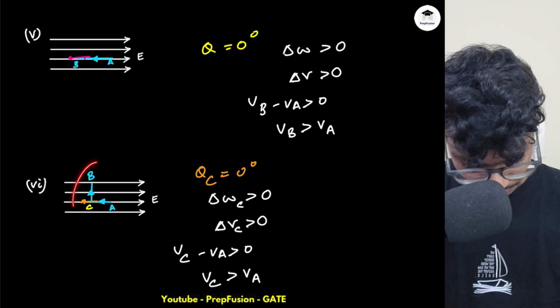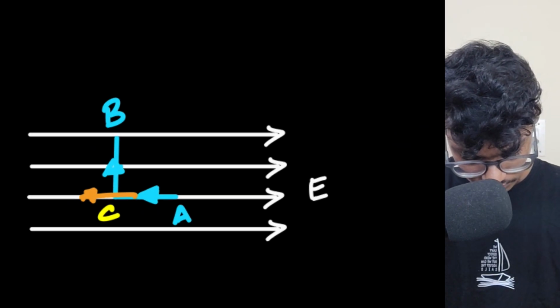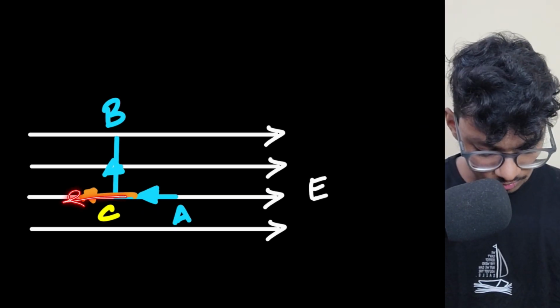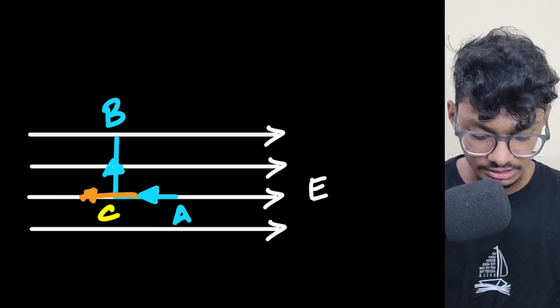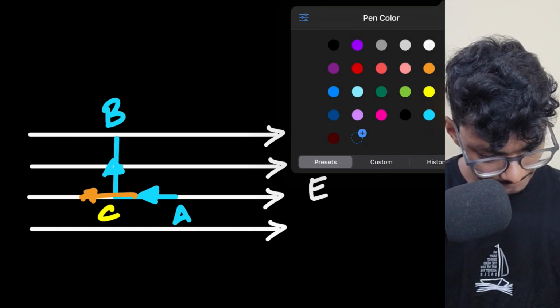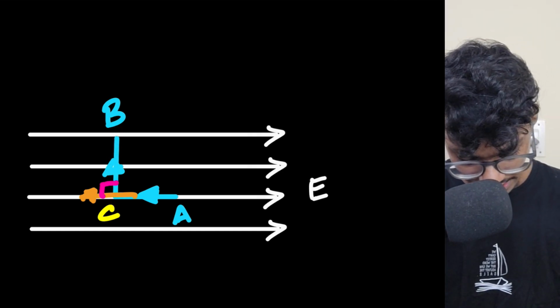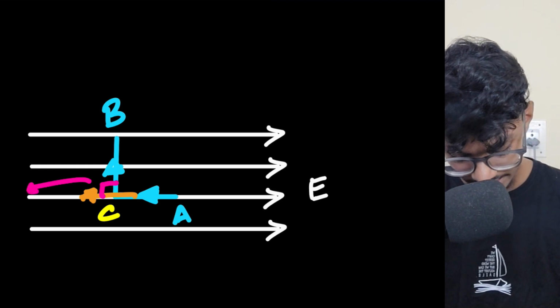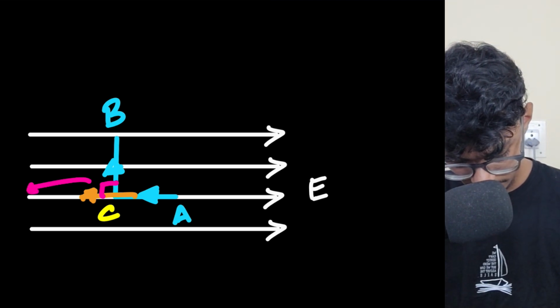But what about this case? Here my force direction will be on the left-hand side, always opposite to the electric field. But DL has changed, DL is on the top. So the angle between DL and my force is 90 degrees.